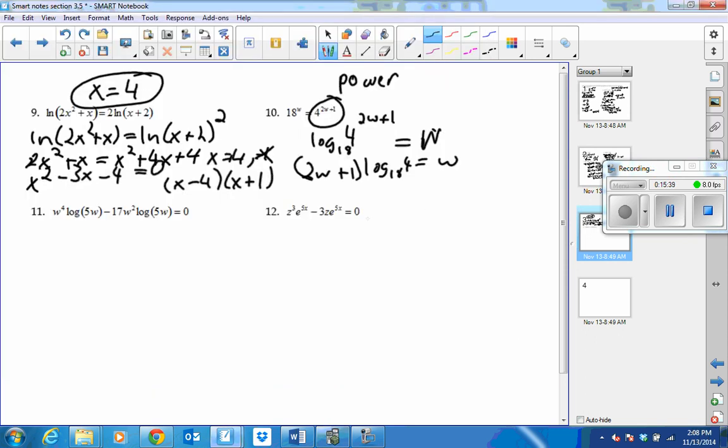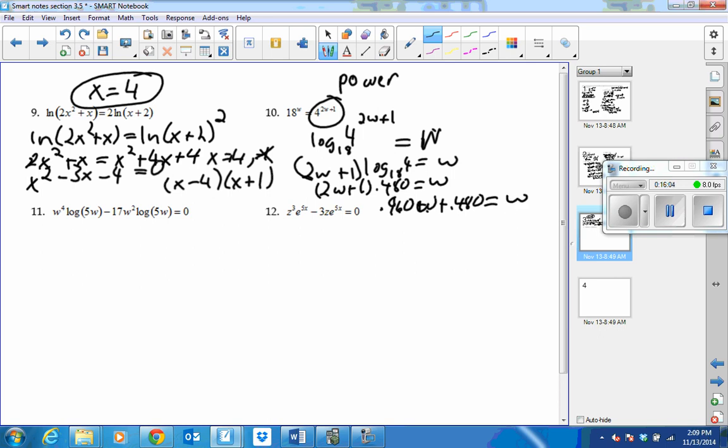Log base 18 of 4 is about 0.480. So when we multiply that out, we get 0.960 plus w plus 0.480 equals w.